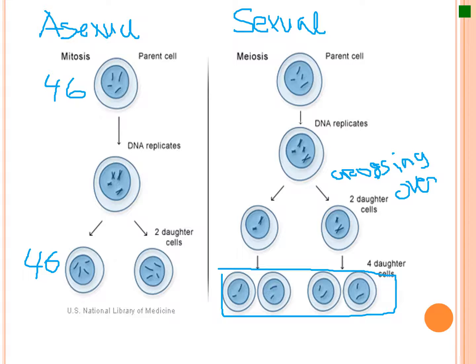So this would be 46 chromosomes, and afterwards it goes through the process of meiosis, and you have 4 daughter cells with half the chromosomes. The haploid number for humans would be 23. Here they represent haploid by halving them, so you have 2 chromosomes there. So that's meiosis and mitosis.